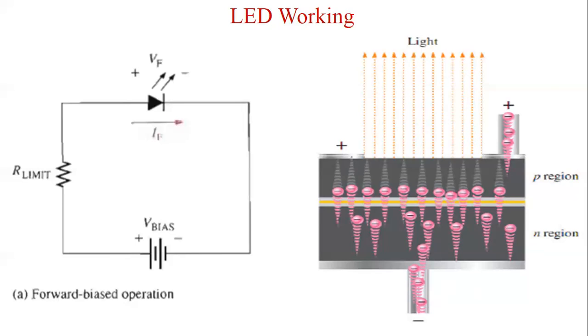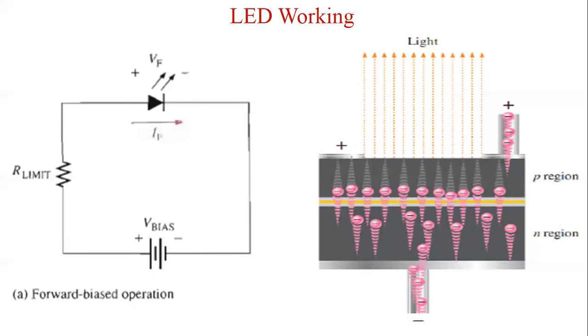The carriers, that is electrons and holes, which are the carriers within this semiconductor device, will gain certain energy, and after gaining it, they are going to be excited to a higher energy state.